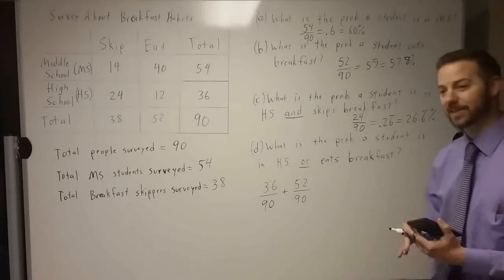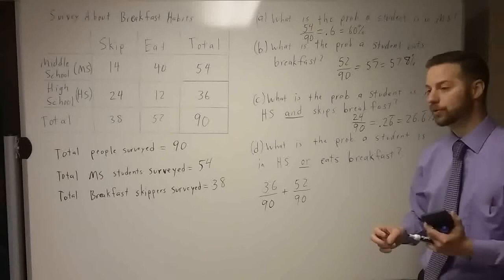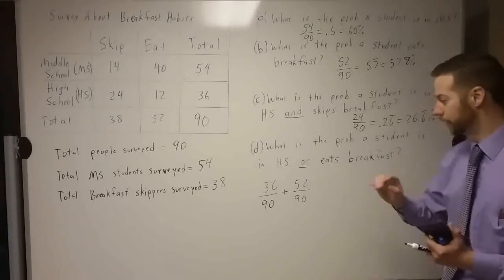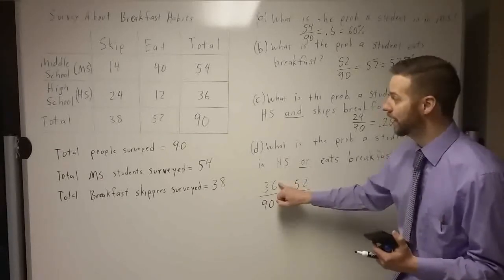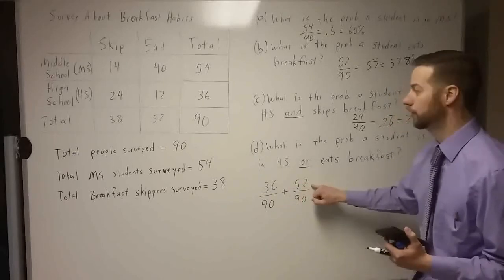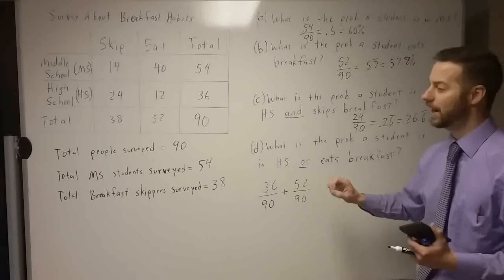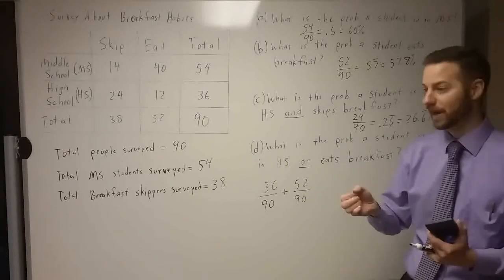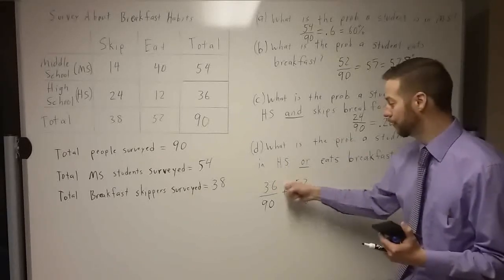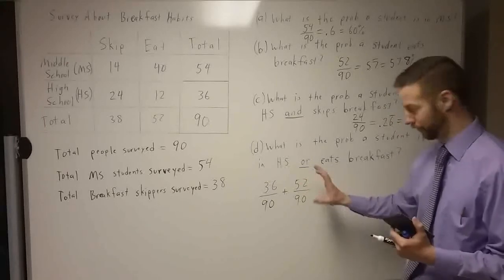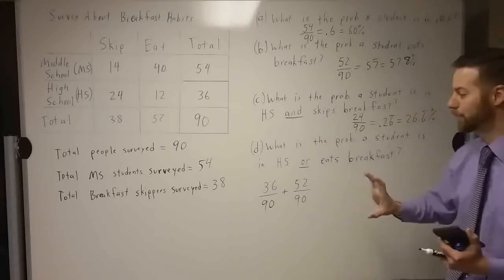And the issue is we've counted many of these students twice. Do you notice this is all the students who are in high school. This is all the students who eat breakfast. The problem is everybody who is in high school and eats breakfast got counted in that group and that group. Does that make sense? Let me say that one more time because that's the hard part of this.